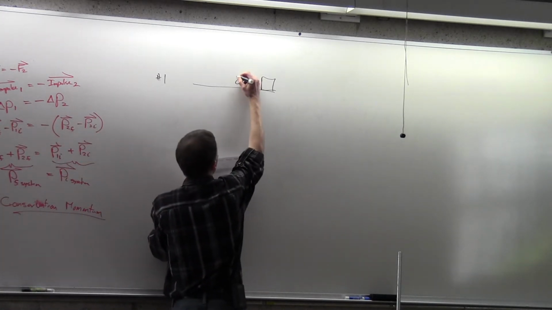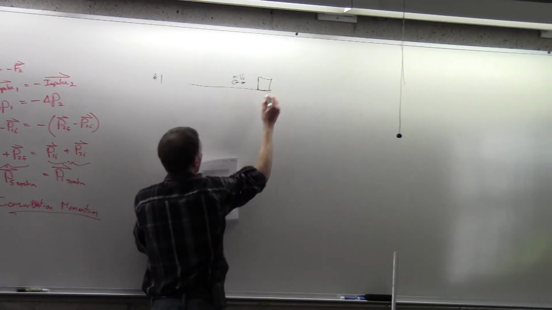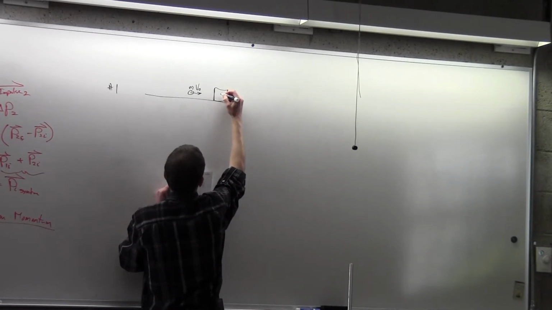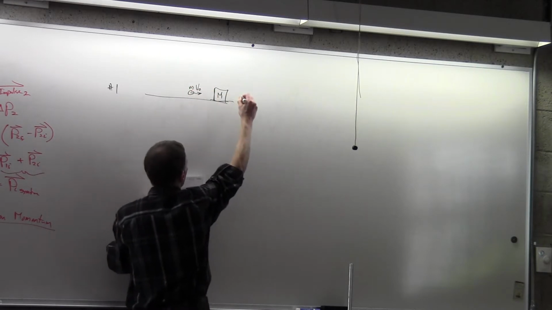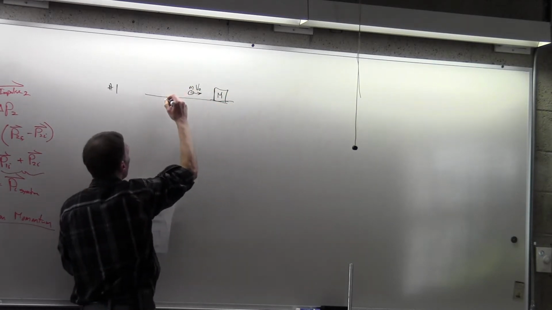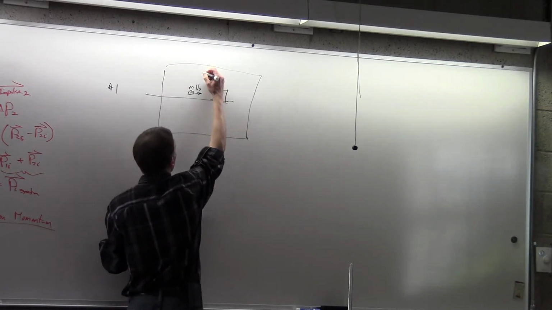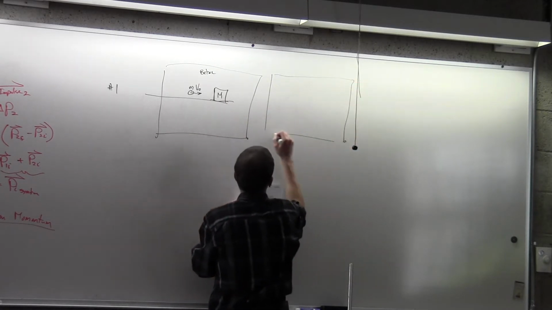So I'm just going to call this one small m, and let me call this v naught, the speed that it's coming in at. And this block is just sitting here. It's called big M. This bullet is going to come screaming through here, and I'm going to take an imaginary picture. You want to think of momentum. We want to think of the before, and then we want to think of the after of this.